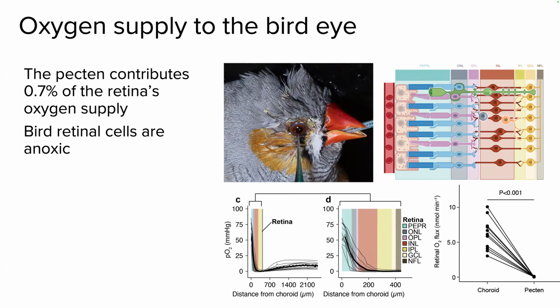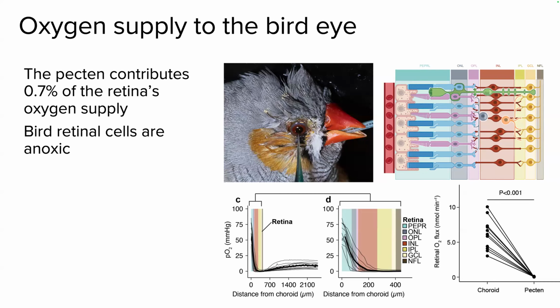Christian, I have a question. So, when the bird's flying around, it's moving, right? And so the pecten could be moving a lot more when the bird is moving, and these measurements were done under stationary conditions. Do you think it is possible that can make a difference?